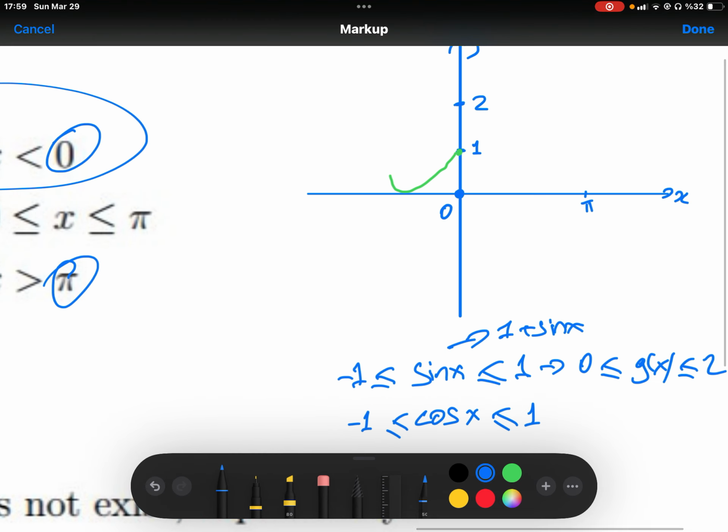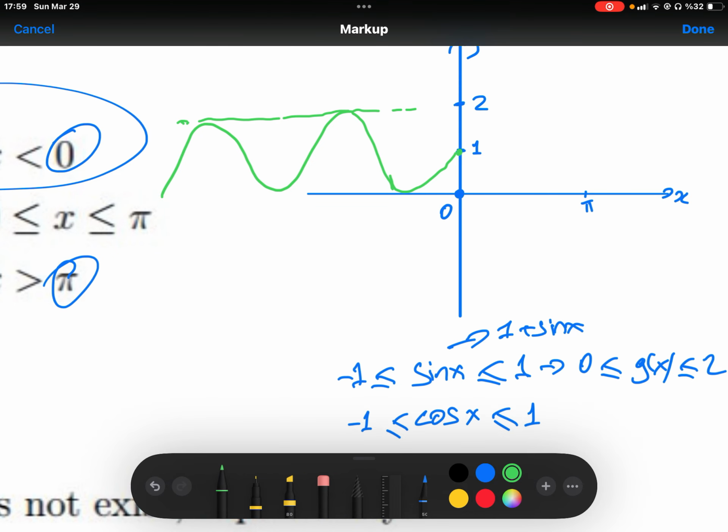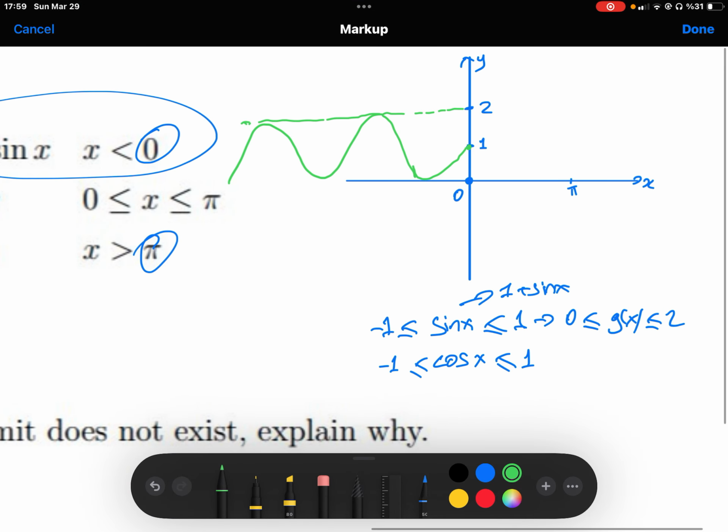That's why it goes up to 2, and here, and goes like this. But the maximum value that we have is 2. The minimum value that we have is 0, as you can see here.